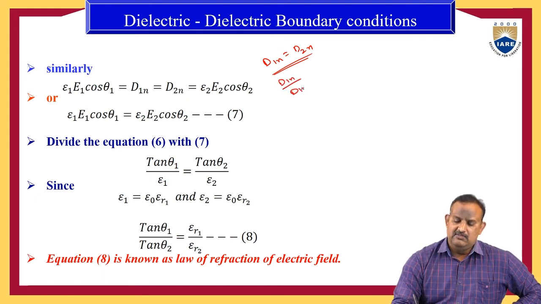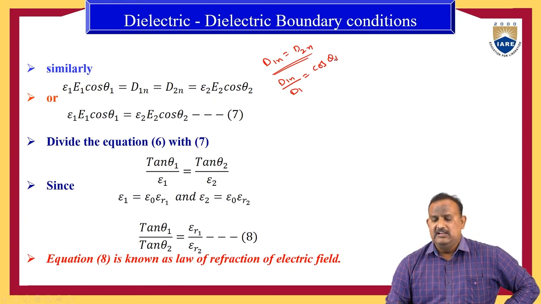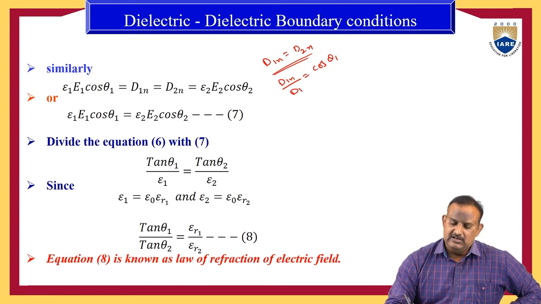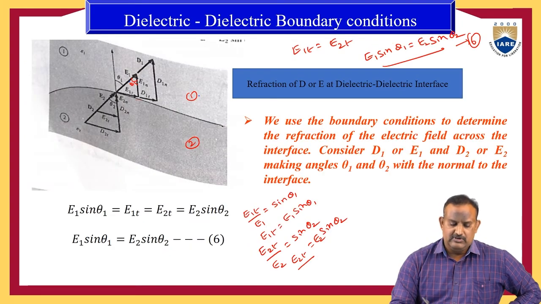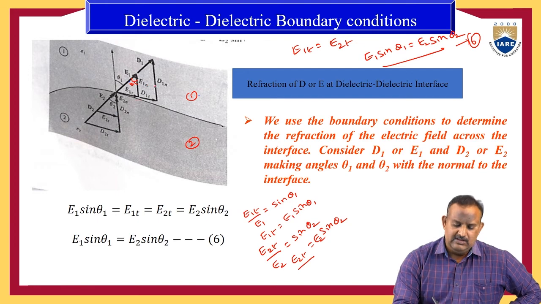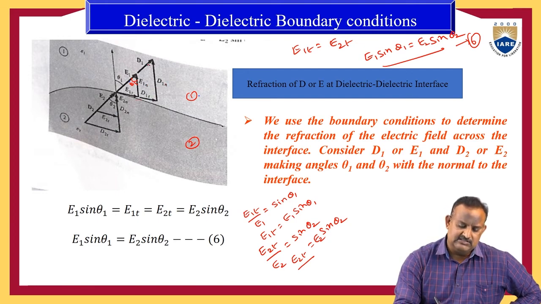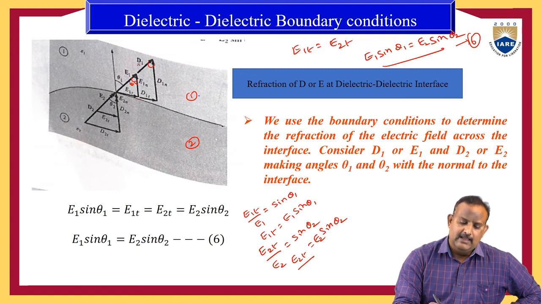D1n by D1 is equal to cos theta 1. Similarly, D2n by D2 is equal to cos theta 2. We can observe from the diagram that D1n is adjacent, and adjacent by hypotenuse gives the cos of the angle.